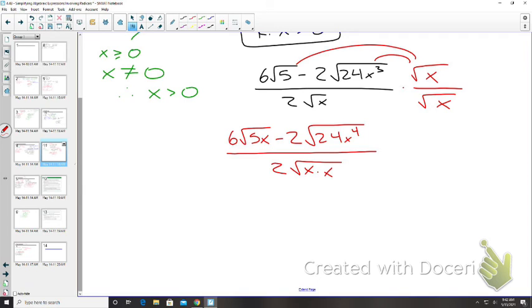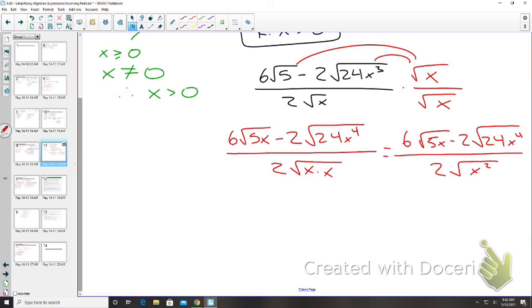Okay, so now I'm just going to rewrite this one more time. So we have 6 root 5x minus 2 root 24 x to the 4th all over 2 root x squared.